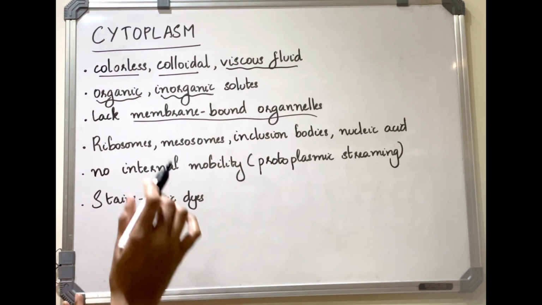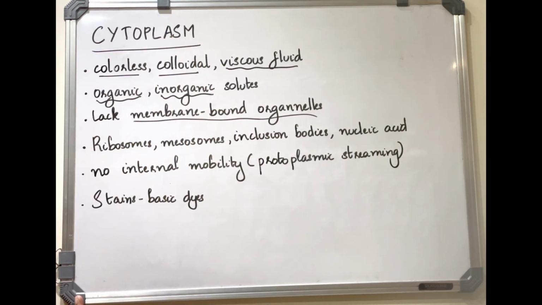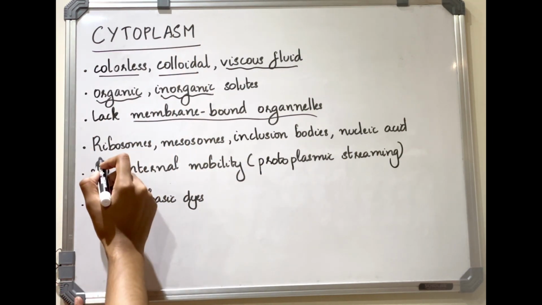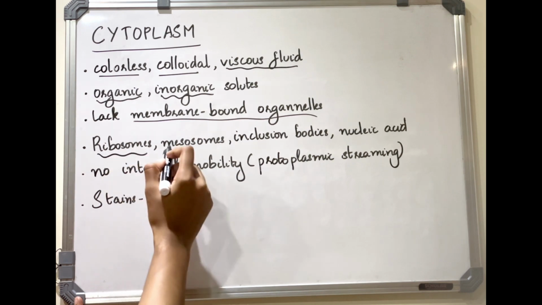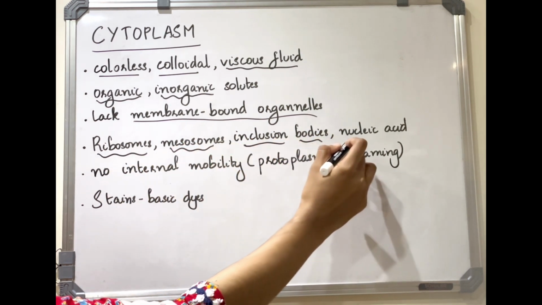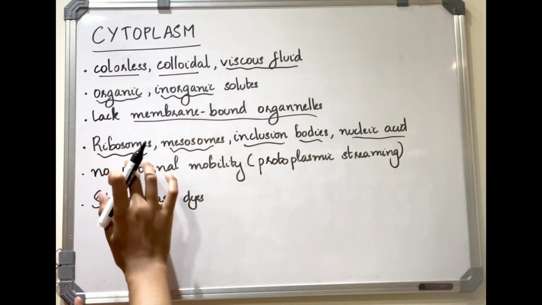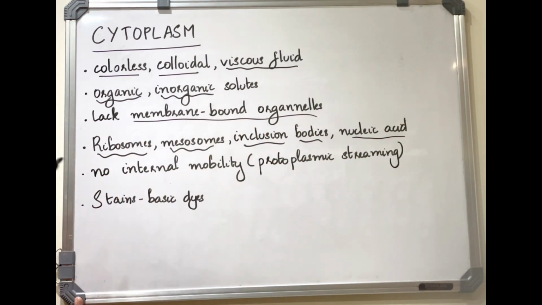So any such membrane bound organelles will not be present in the cytoplasm. But ribosomes, mesosomes, inclusion bodies and nucleic acid will be there. All these will be floating in the cytoplasm.